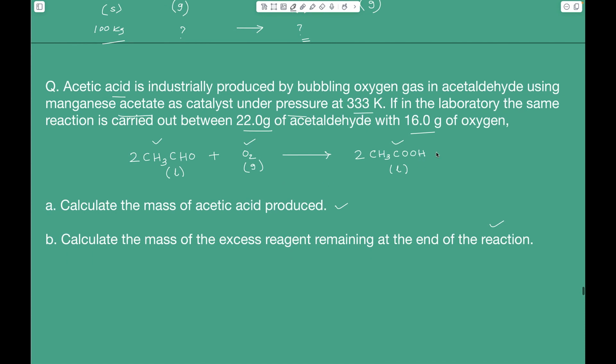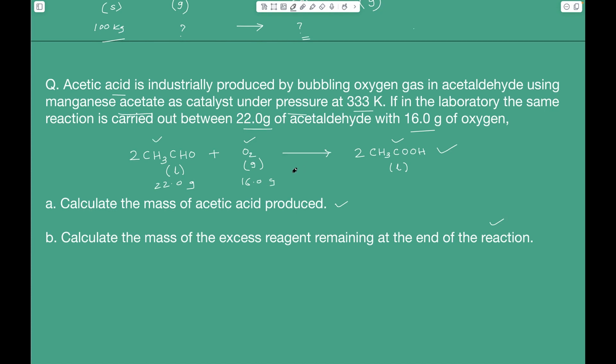If you look at this balanced chemical equation, again you understand that there are two reactants, and here we are given the mass of both the reactants. And we are asked to calculate the mass of acetic acid produced. Here also there are two relationships, between the number of moles of oxygen and acetic acid and the number of moles of acetaldehyde and acetic acid.